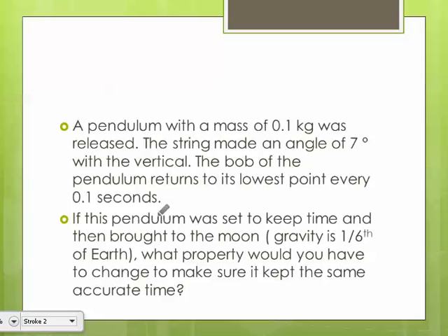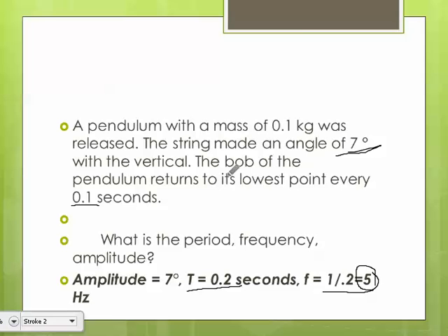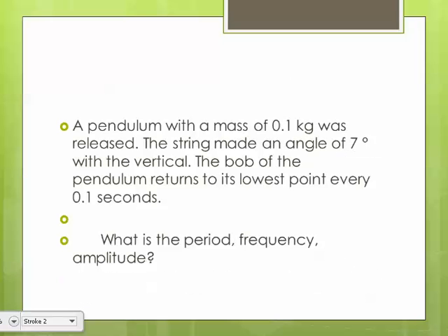So, if this pendulum was set to keep time, and then they shot it off and landed it on the moon, gravity is 1/6 the gravity of Earth. What property should have to change to make sure it kept the same accurate time? Well, remember, we were using this gravitational constant here. We were taking the length divided by gravity, right? I'll go back up here a couple slides.